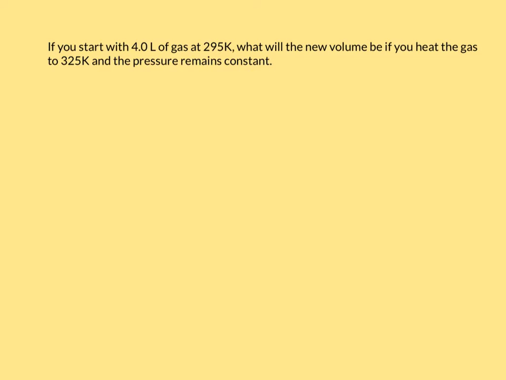First thing I want to do is jot down the combined gas law. It's P1 times V1 over T1 equals P2 times V2 over T2. Now on the left-hand side of this problem, I'm going to list the variables that I know, and I'm going to go back to the problem and look for things like liters for volume and K for temperature.